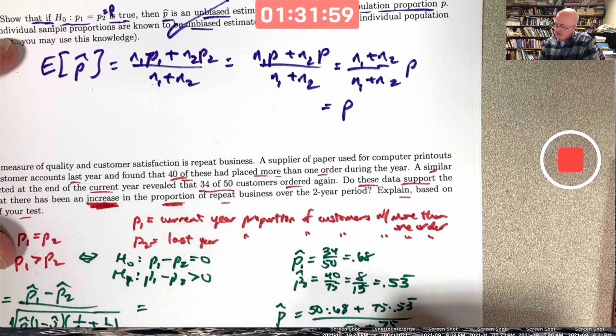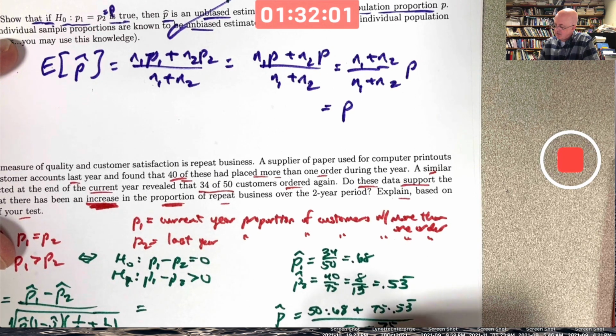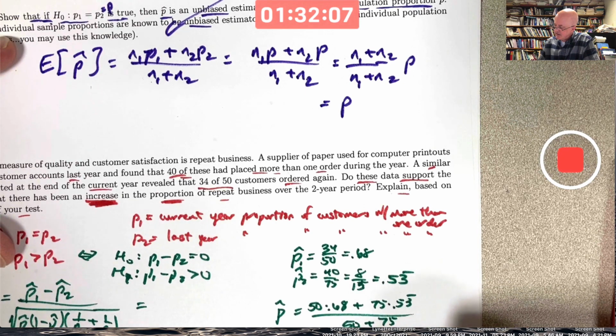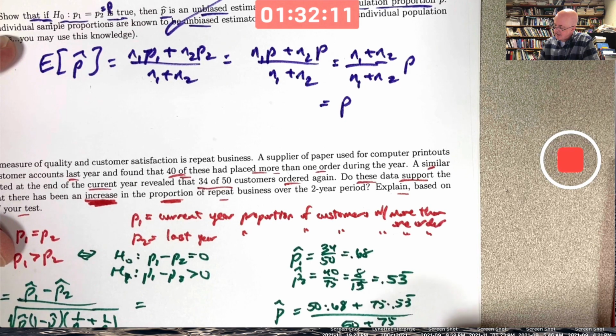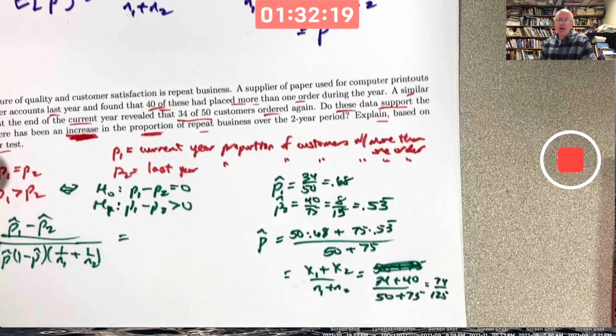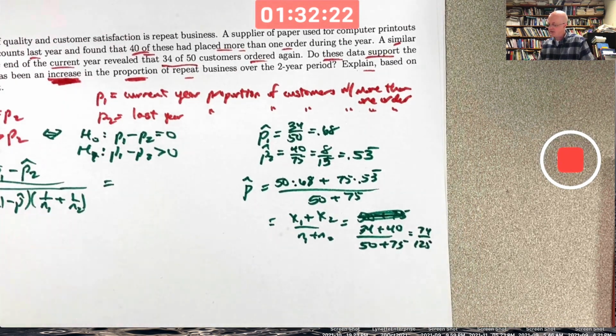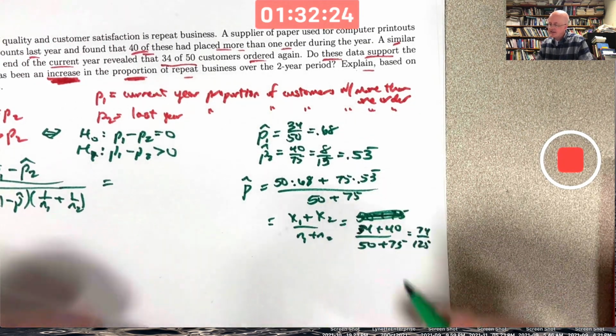Or I can actually just do x1 plus x2 divided by n1 plus n2. It's going to give the same answer. 34 plus 40 divided by 50 plus 75, which is 74 divided by 125. You get the same answer either way.